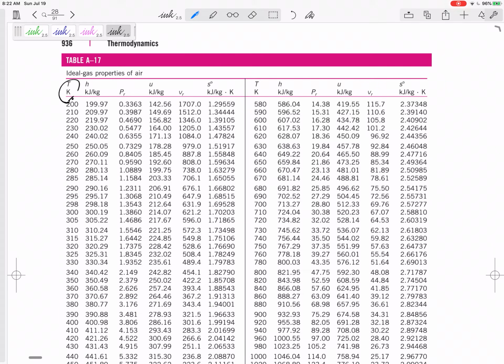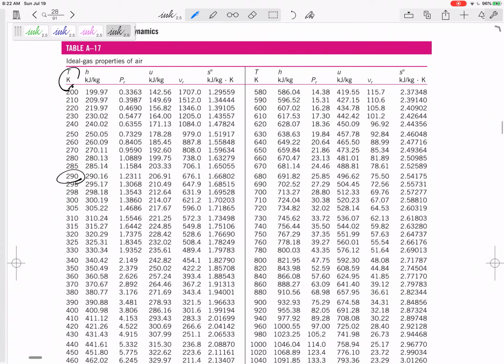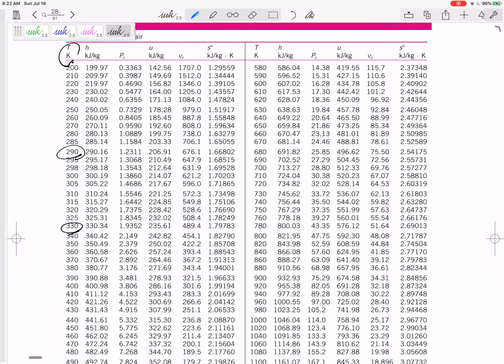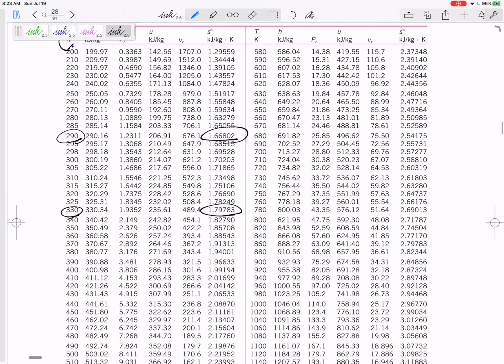We were at a T1 of 17, which is 290, and then we go to a T2 of 57 plus 273. You don't have to do 273.15, just do 273. So 57 plus 273, 330. So we're going from here to here. There we go. The S1, the S2, right there: 1.79783 minus 1.66802.